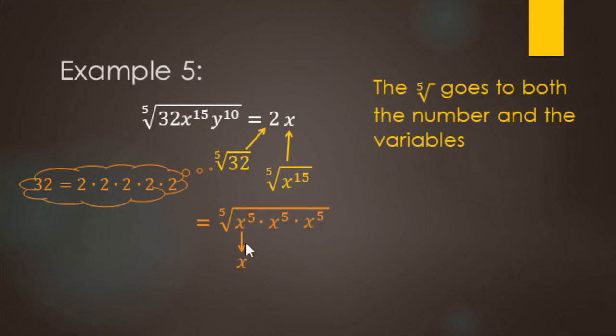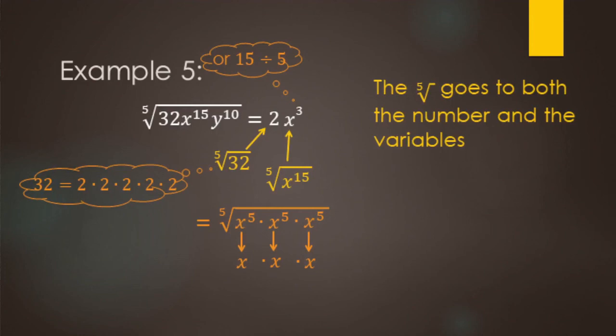So we're going to have these going 3 at a time. So this one here is going to give us an x, and this fifth root of x to the 5th is going to give us another x. So we're going to have 3 x's being multiplied here. Now, after we do this a while, we'll probably figure out the pattern, but we're just going to go 15 divided by 5 to give us this 3 here, because we got 3 groups of x to the 5th. So this 15 divided by 5 here.